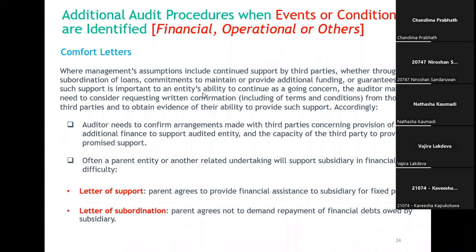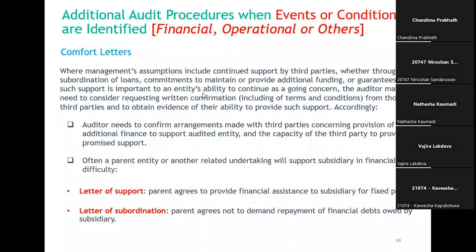I can remember one of the entities in Sri Lanka where the parent company was in Germany. This particular company was making losses, and the parent company issued a letter of support. Then we requested the financial statements of the parent company, and that was also making persistent losses.